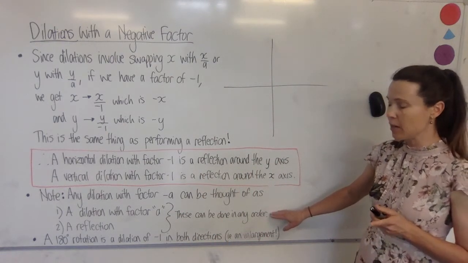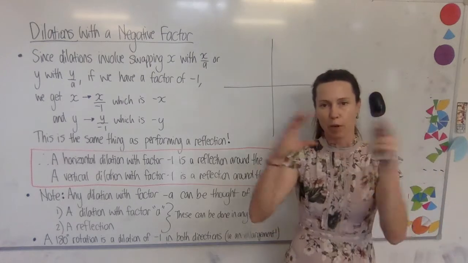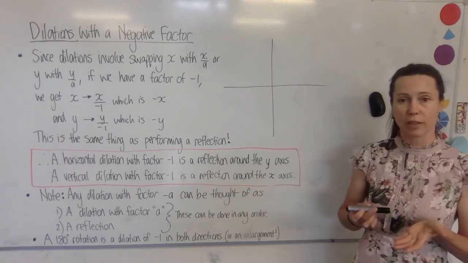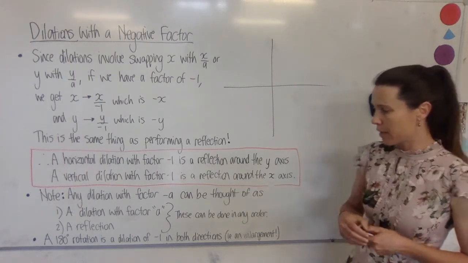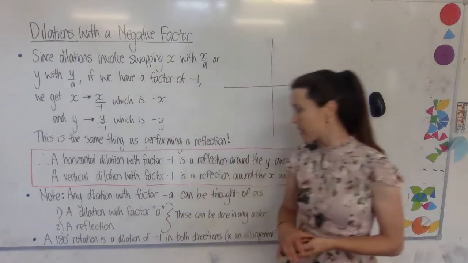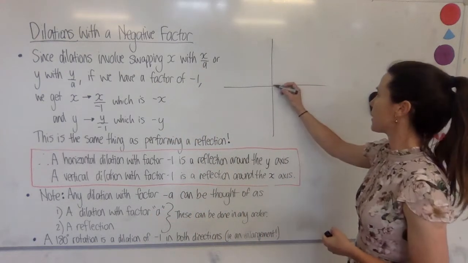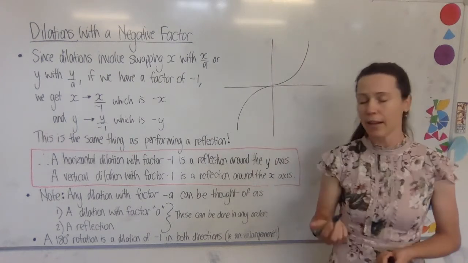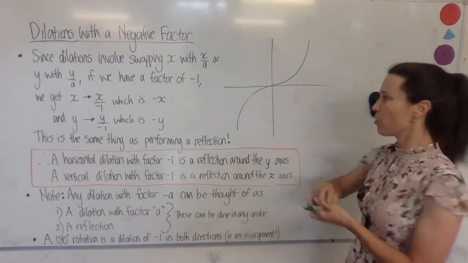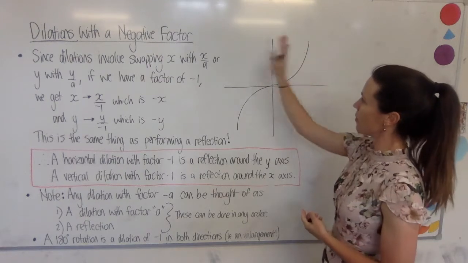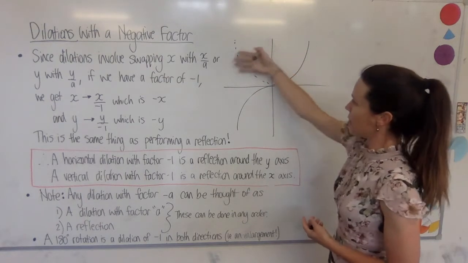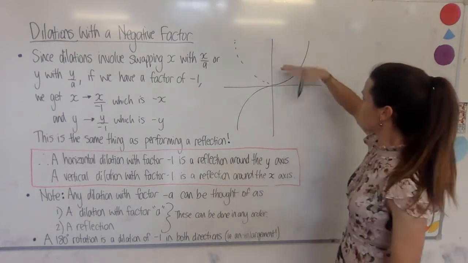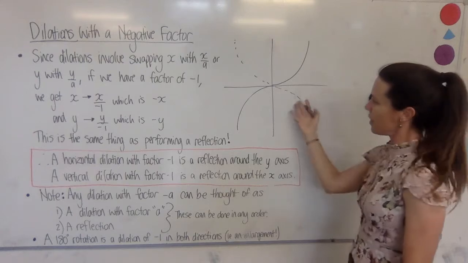Now, something to think about, we saw that if you perform a dilation in both directions at once, horizontal and vertical, then we call it an enlargement, don't we? So if you're performing 180 degrees of rotation, for example, you're taking something that looks like this and rotating it around so that it sits down there like that, then we've seen with our reflection that what you're really doing is reflecting it either around the y-axis and then the x-axis, or in the other order, around the x-axis and then around the y-axis.